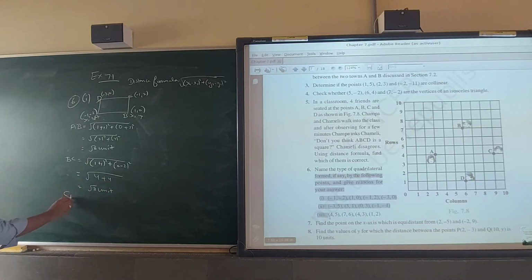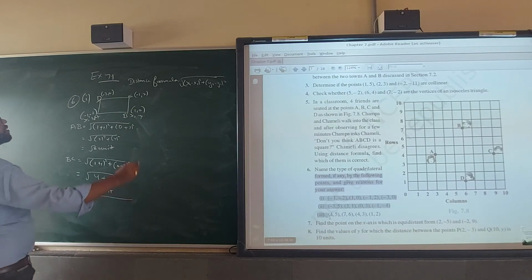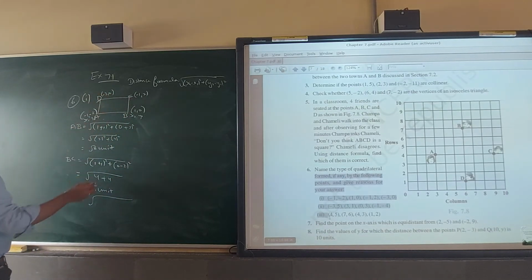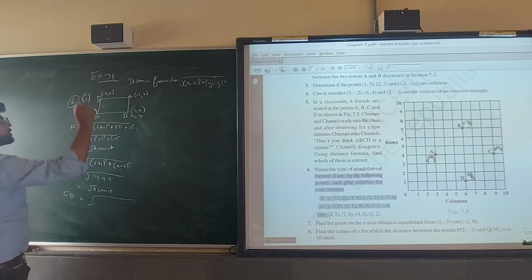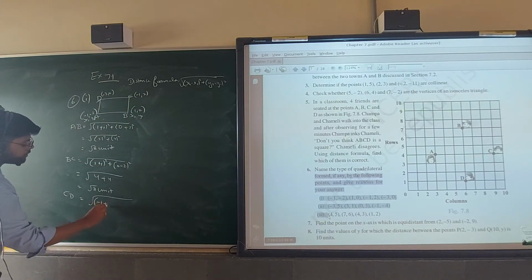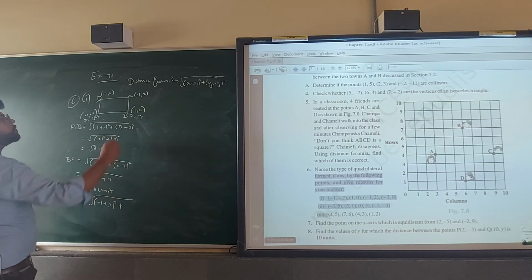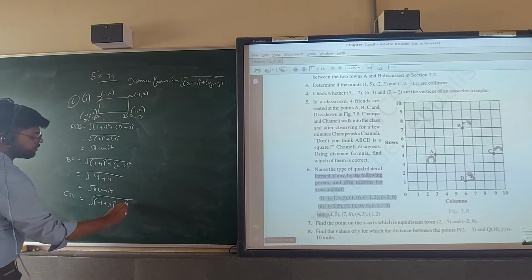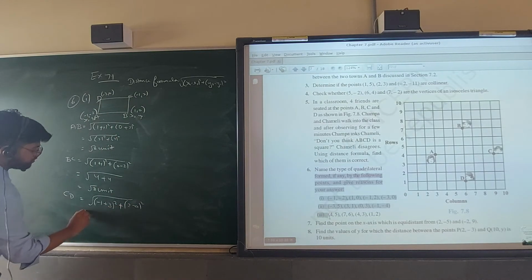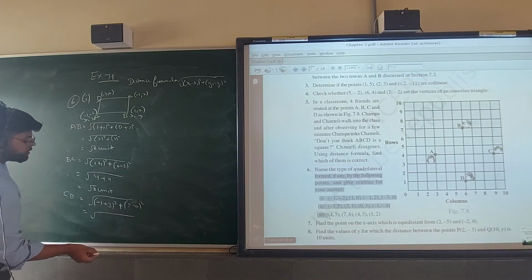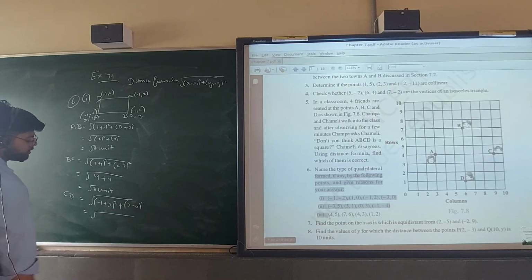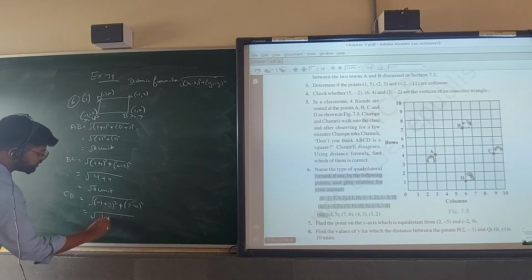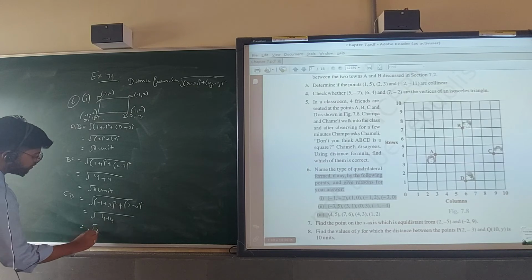Then CD: -1 plus 3 square plus 2 minus 0 square. -1 plus 3 is 2, again 2 square and 2 square, it will be 4 plus 4, coming root 8 unit.